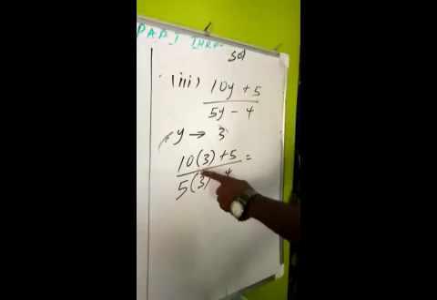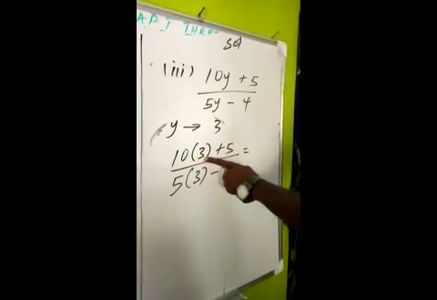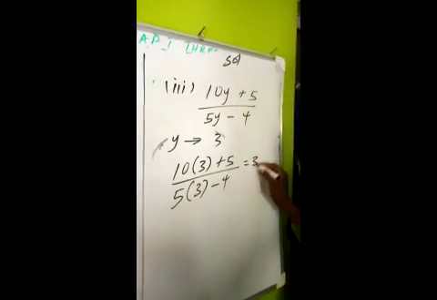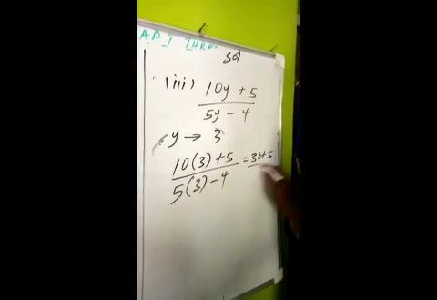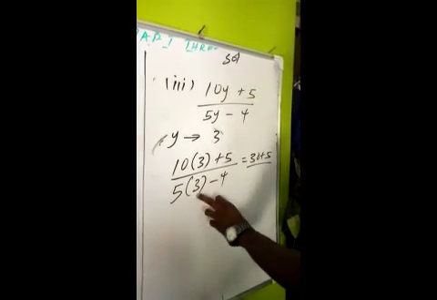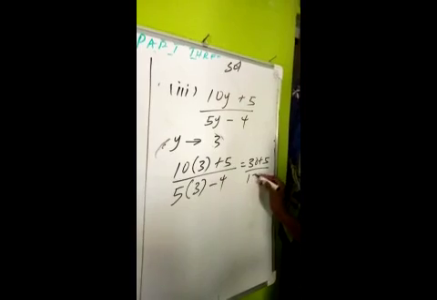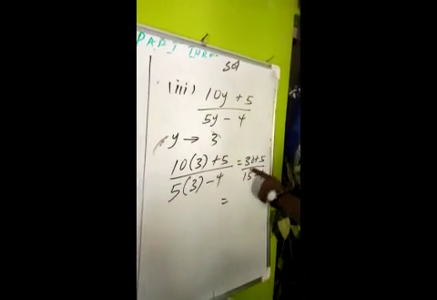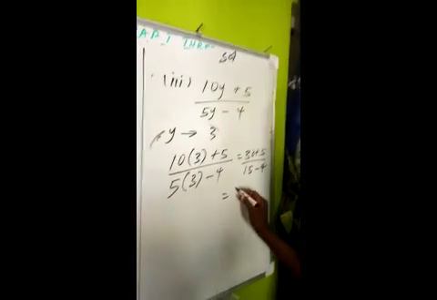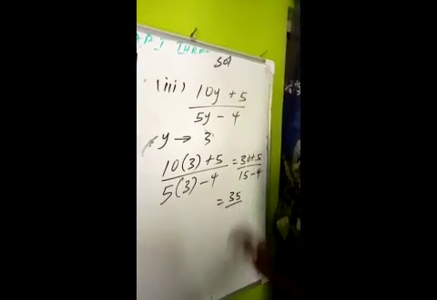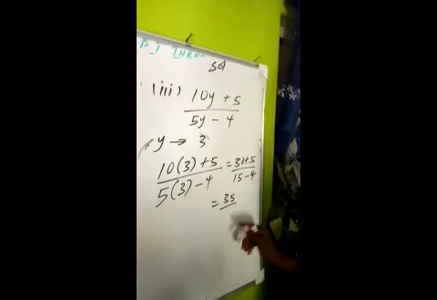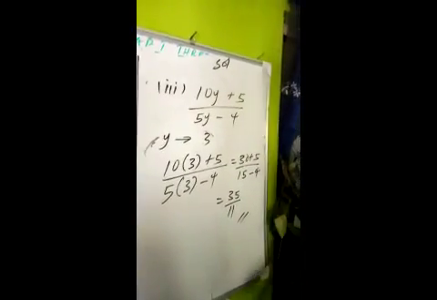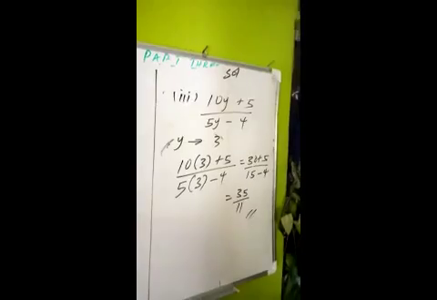If I say 10 times 3 will give me 30, plus 5, and 5 times 3 will give me 15, minus 4. Therefore 30 plus 5 will give me 35, divided by 15 minus 4, will give me 11. So that is how to do it from this point.